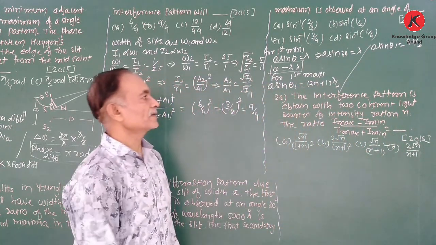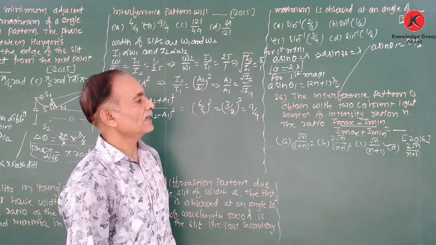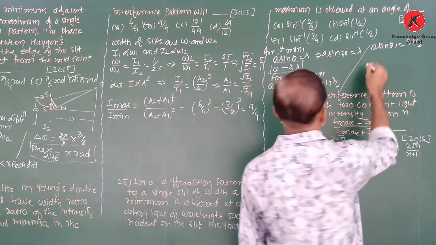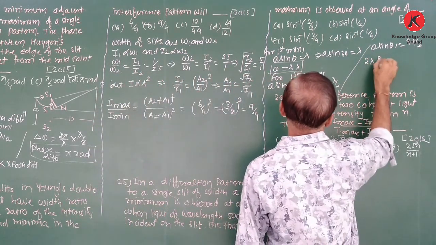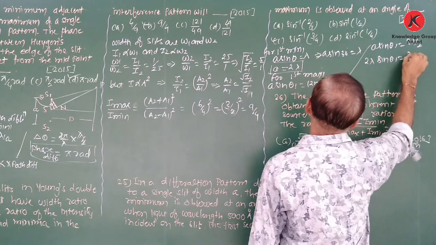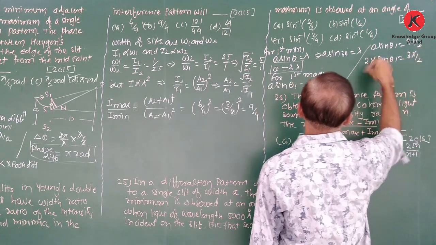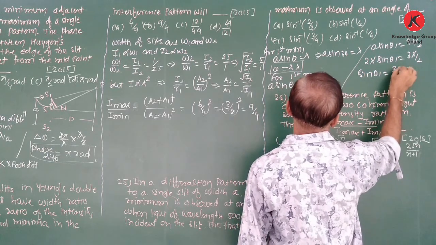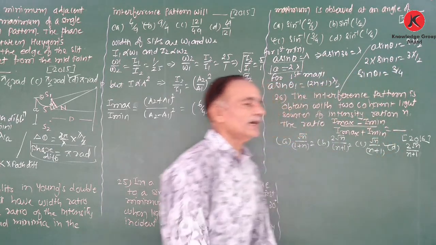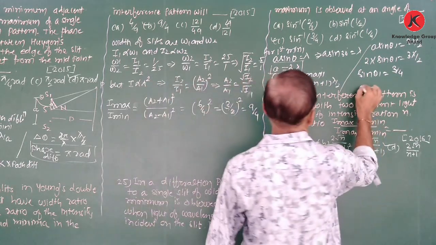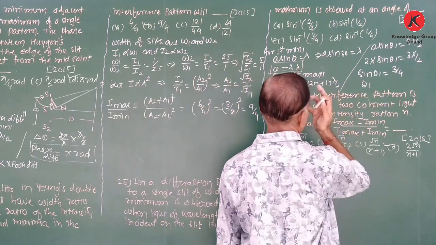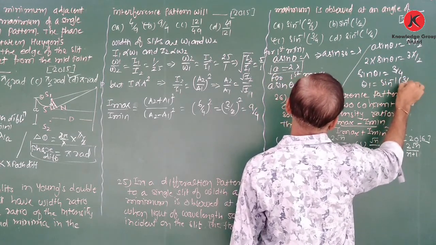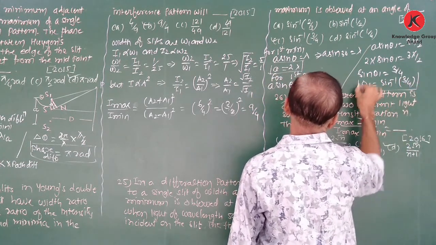Already we obtained the value of a, that is 2 lambda. Sin theta 1 is equal to 3 lambda by 2 over 2 lambda. Lambda, lambda cancel. Sin theta 1 is equal to 3 by 4. Therefore, the angle at which the first maxima is obtained, theta 1, is equal to sin inverse 3 by 4.